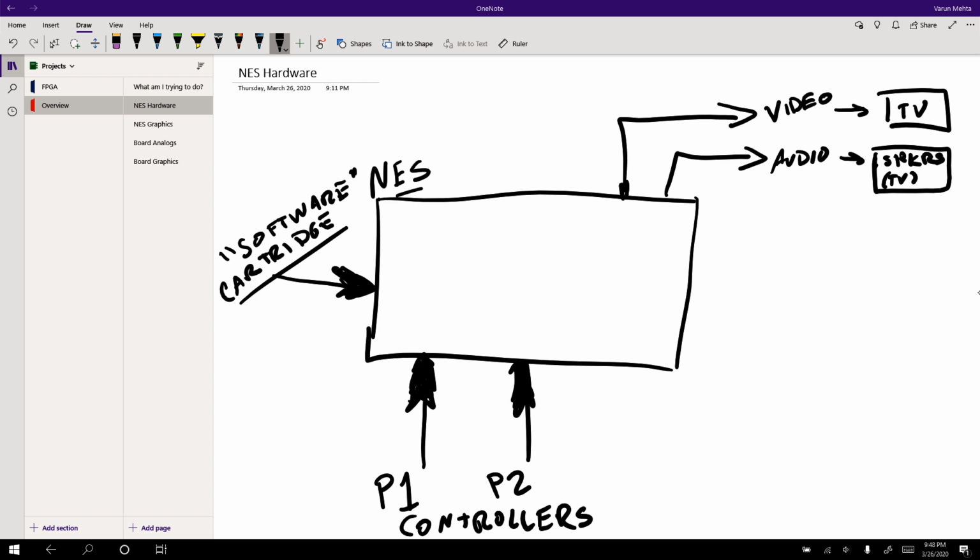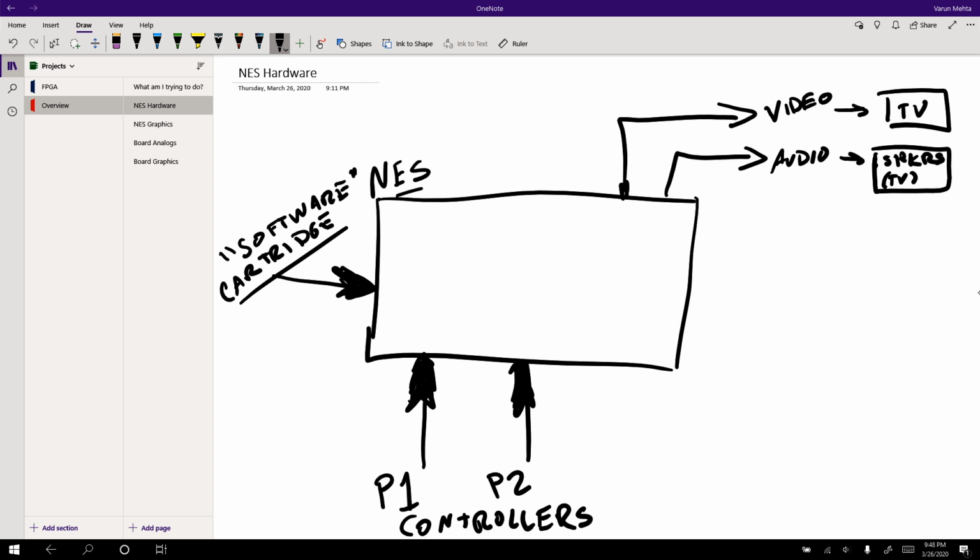So what's going on inside this box? Again, I don't mean for this to be an exhaustive painting of what the NES hardware is and all of its capabilities, so I'm going to keep this really generic.